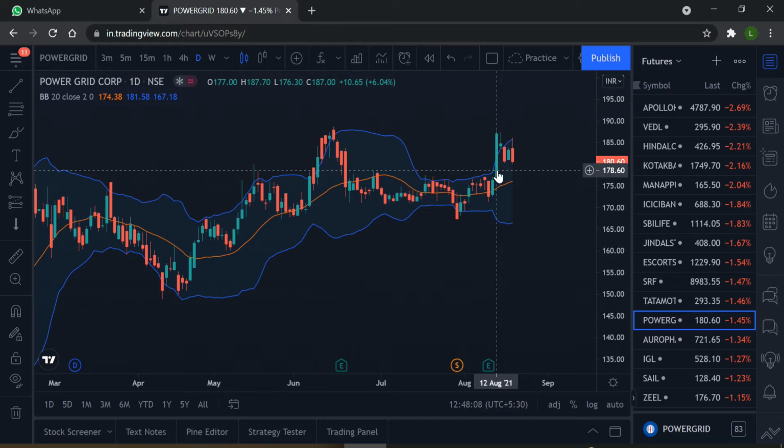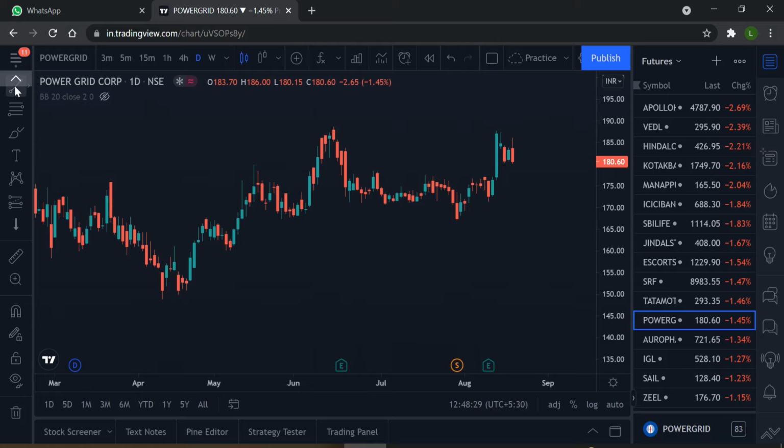We should not decide that if the breakout happened within the Bollinger Band, we should blindly go and place our order. We should always look at pattern breakout. For example, for some time we'll disable the Bollinger Band and I'm going to draw support and resistance of this stock.